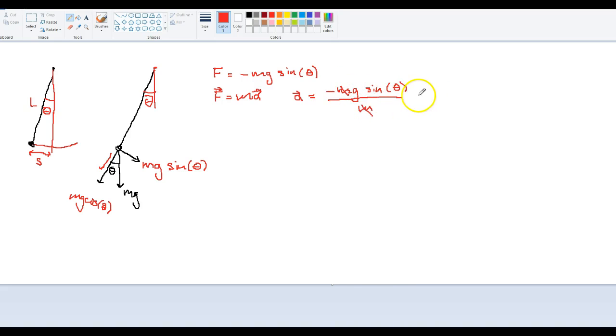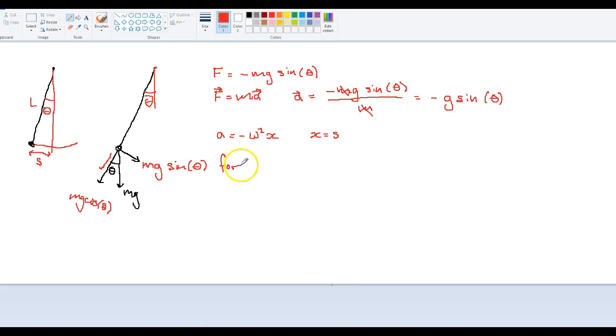The mass cancels out, so we get the acceleration is minus g sine of theta. Let's remind ourselves that the acceleration is equal to minus omega squared x, and in this case x is s.